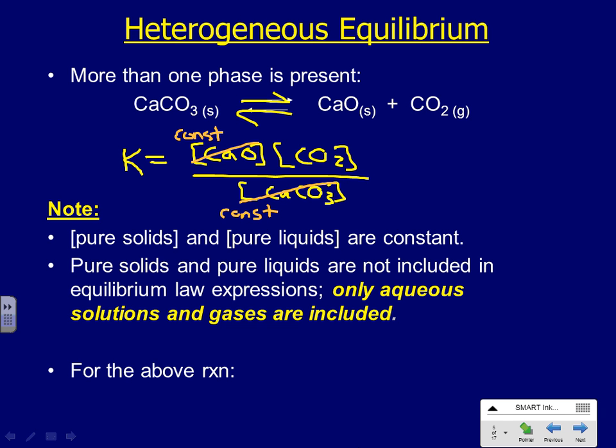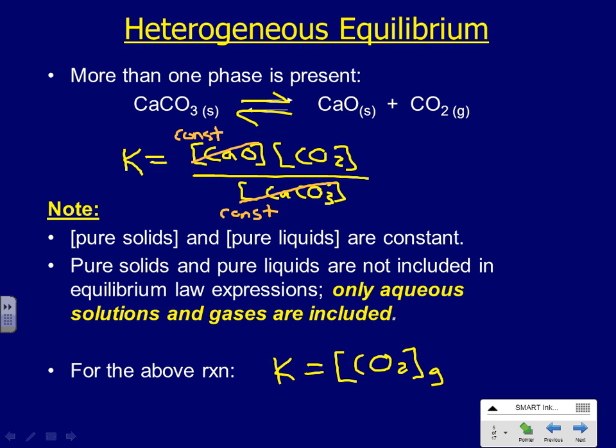And I'm going to describe to you an example of where I can show you that nice and easily. If the concentrations of pure solids and liquids are constant values, then those constants can be absorbed into the equilibrium constants. We don't really need to keep all these separate constants. So for a heterogeneous reaction, we only include the gases or the aqueous, and therefore the K is simply equal to the concentration of CO2.